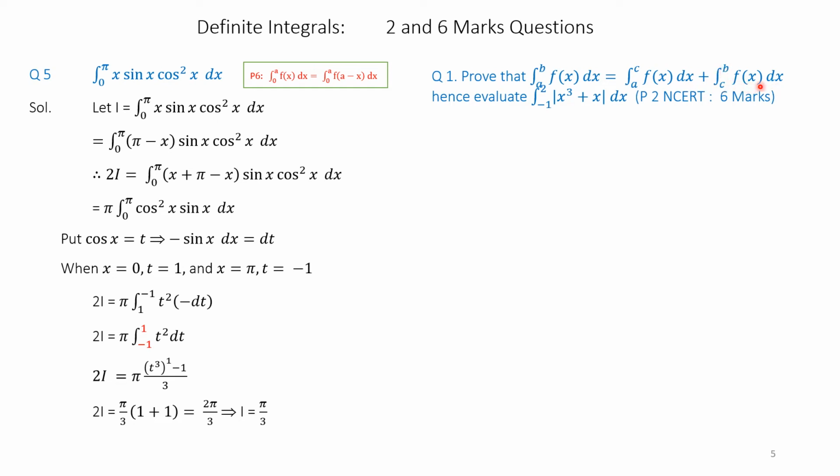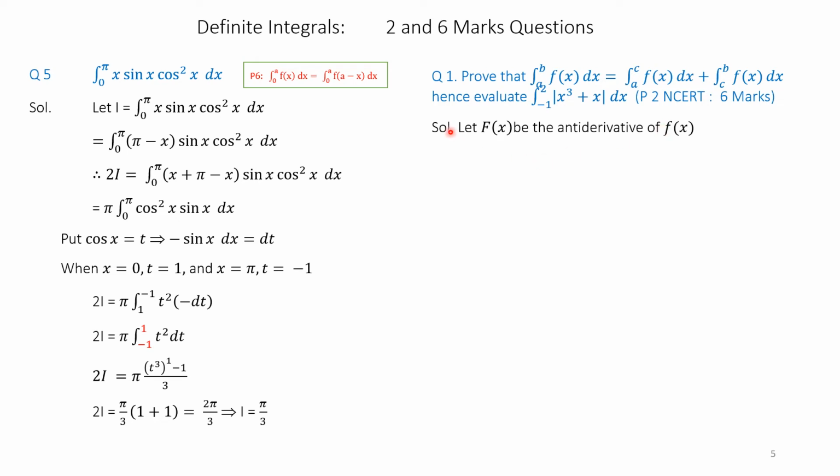Please note here the limit a to b on the left hand side is changed to two different limits, a to c plus c to b. We have to first prove that, which is property number 2 of definite integrals, and we evaluate the example: integral minus 1 to 2 of mod of x cube plus x dx.